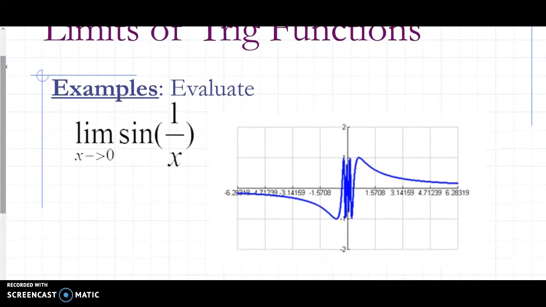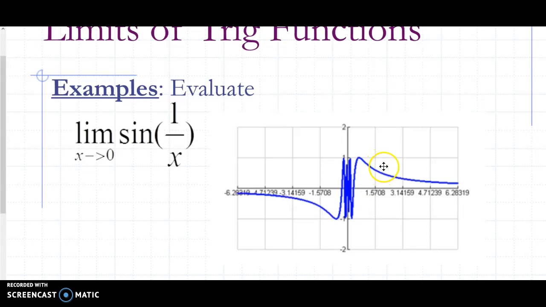Here's our first example. So we have the limit as x approaches 0 of sine of 1 over x. Now, let's take a look at what's happening as we approach 0 from the left and as we approach 0 from the right. And you notice in the middle here, we would consider this to be oscillating. Okay, so it's continuing to go back and forth and back and forth. You could also think about this in terms of actual values.